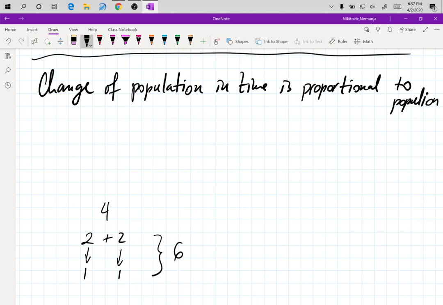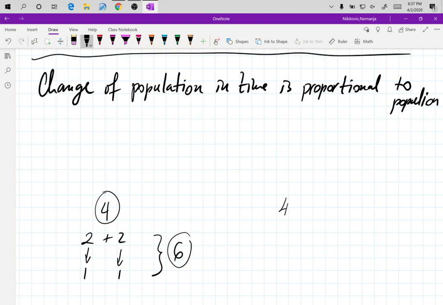Now, for maturity level to produce another human, you still have to wait. I think fertility age is 14 or 15, so you have to wait, let's say 15 years, for more pairs to come up. But we don't have to look at that. I just want to take a look that if you start with 4, you end up with 6.